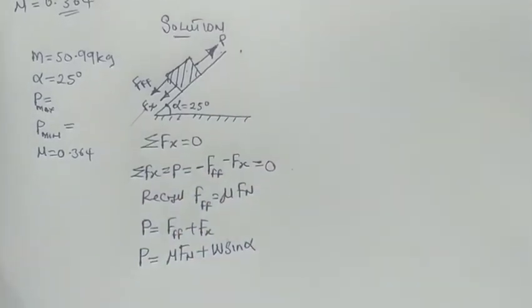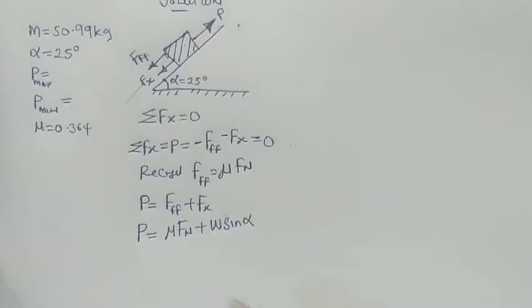So from here we'll move forward. Recall, we know Fx is equal to W sine alpha, then Fn will be equal to W cos alpha.